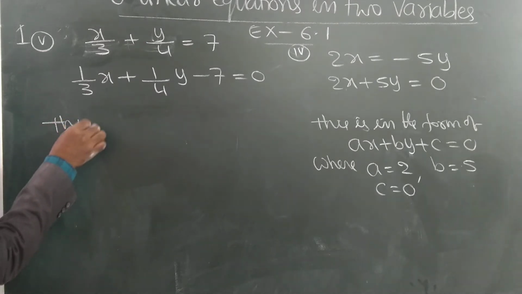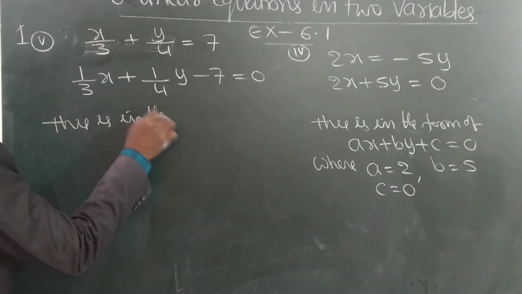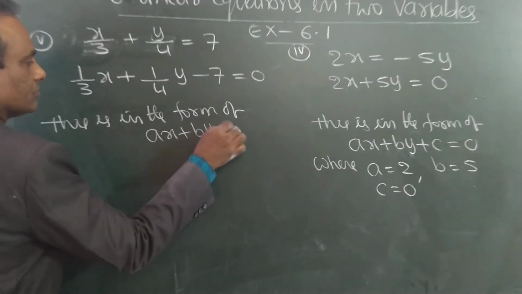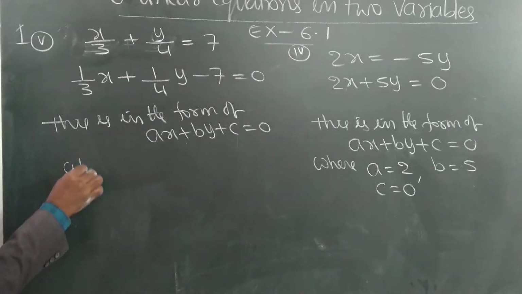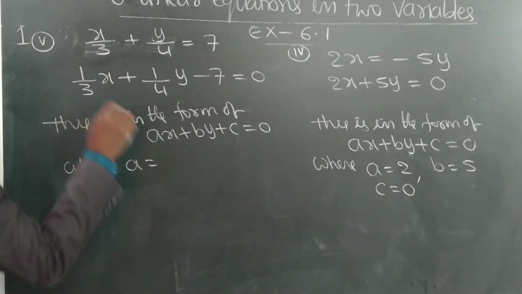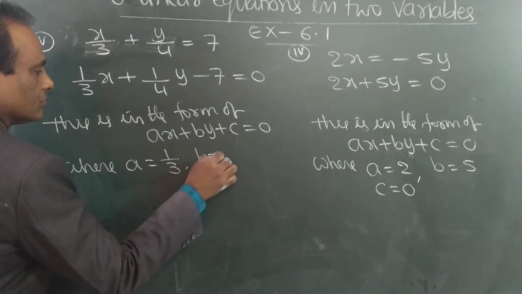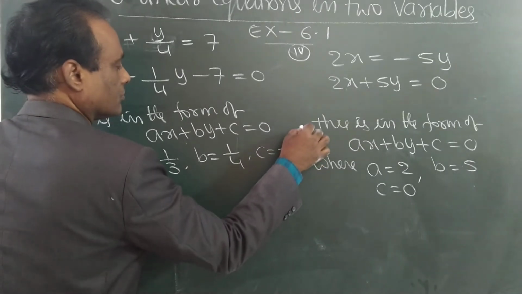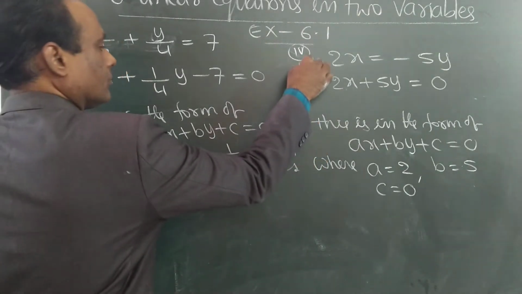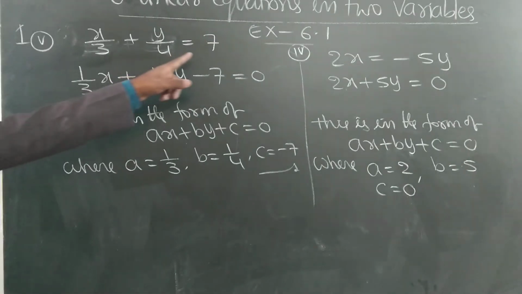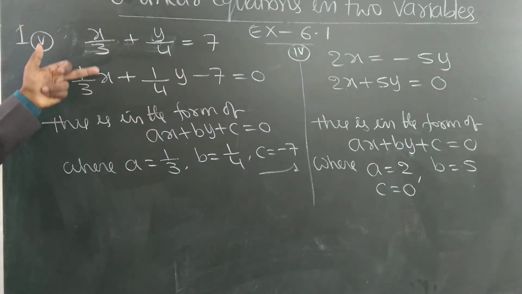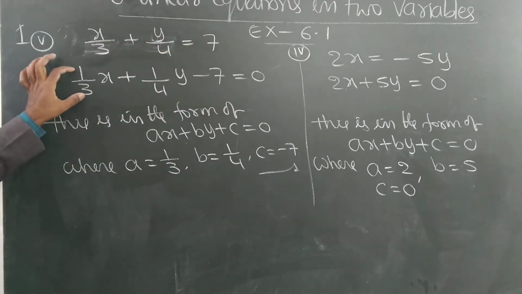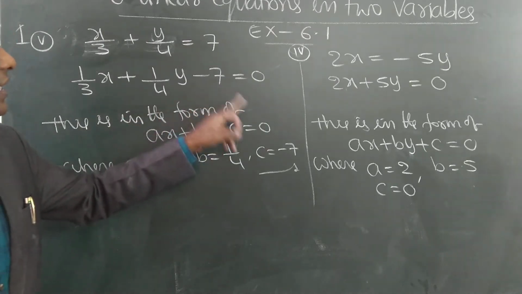This is in the form of ax plus by plus c is equal to 0. So 1 by 3 of x, 1 by 4 of y, plus 7 this side minus 7. A is 1 by 3, B is 1 by 4, C is minus 7.